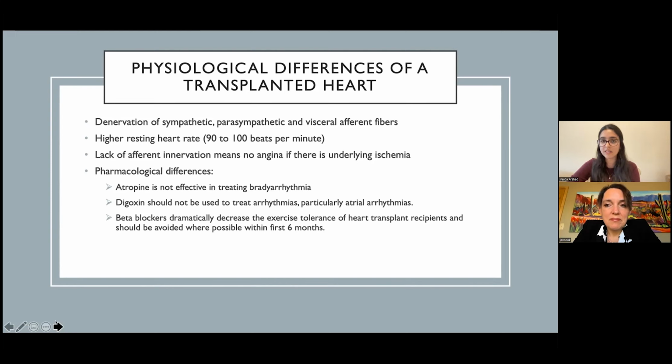They rely mostly on circulating catecholamines to mount that response when they exercise, and so beta blockers can decrease their exercise tolerance further. And those are the pharmacological and physiological differences that these transplanted hearts will have compared to a normal heart.